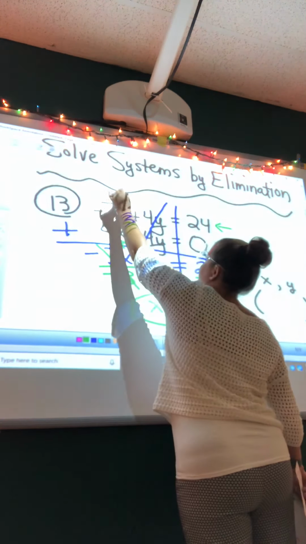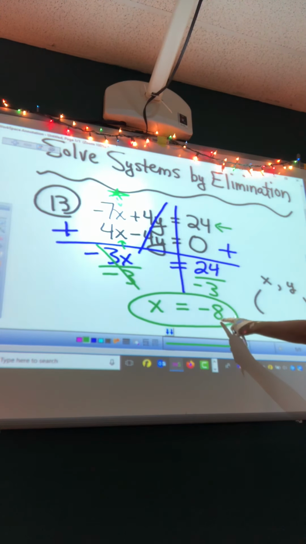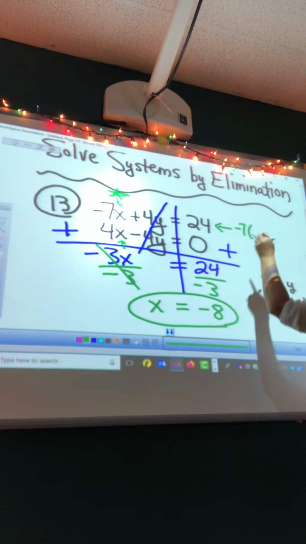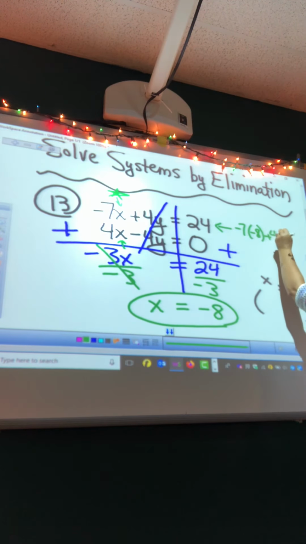So, we're going in right here. And instead of that x, what are we plugging in its place? Negative 8. So we have negative 7 instead of x. Negative 8 plus 4y equals that 24. If somebody would have said plug it into the bottom x, I would have been okay with that. Now we're just doing the math.